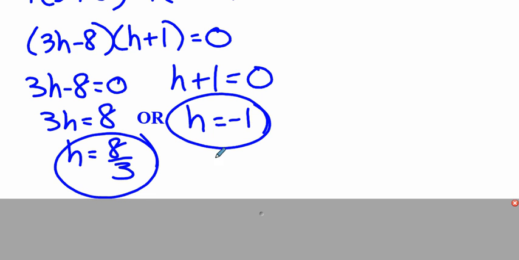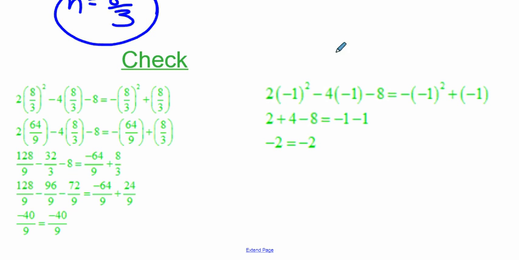Again, these are two possible values for h that we think will make the equation true at the top. Again, the way that we can check is take each value for h, substitute it into the original equation, and see what transpires. Again, we want those equations to be balanced. Well, by substituting in the 8/3, we can see by simplifying based on our order of operations, it's balanced.